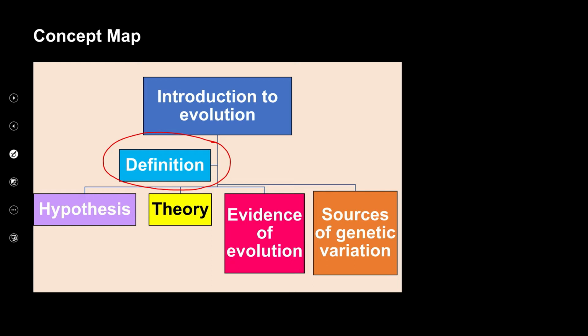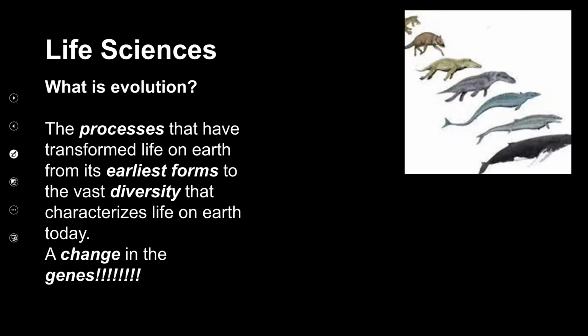And then we're going to have a look at a hypothesis, and see what a hypothesis is, even look at an example, and then we're going to have a look at a theory, and an example of a theory, and then at what the difference between the two is, so that we are able to understand those two concepts well. All right, so let's have a look at what is evolution.